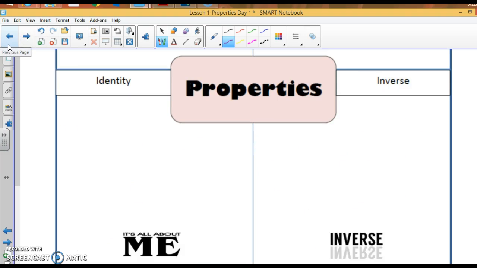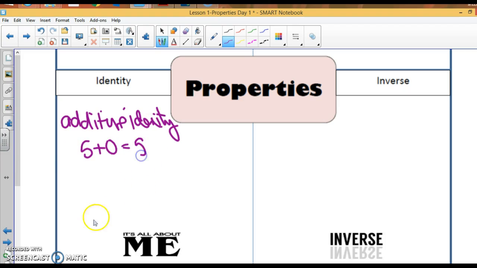Okay, the identity property is all about me. The additive identity: 5 plus 0 is 5. 0 is the identity element. Because when I add 0 to anything, it does not change its identity.